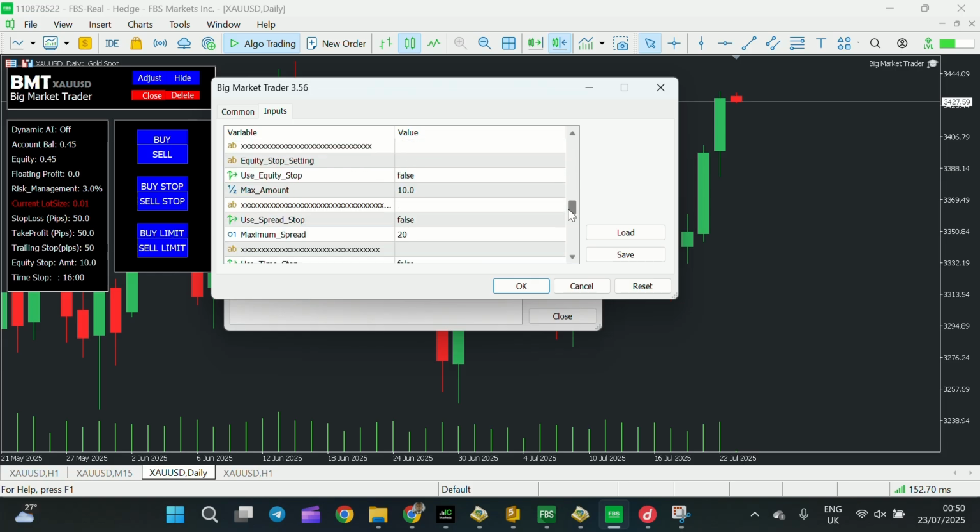Then for the trailing stop, you have to turn it on and set it to 100 pips, so it should be 100 pips away from the current price. For the minimum profit, let's make it 200. So when it makes 200 pips, you should trail 100, just as you saw in the illustration.